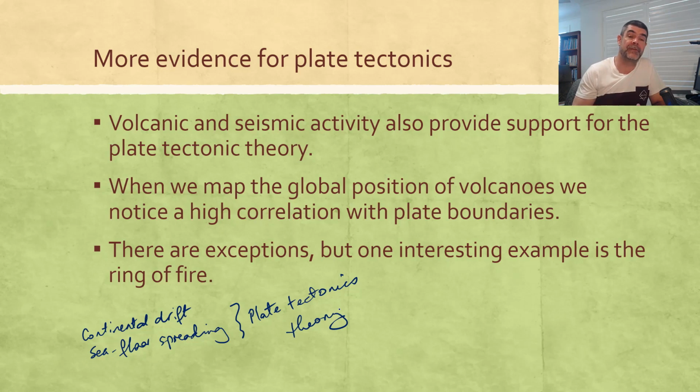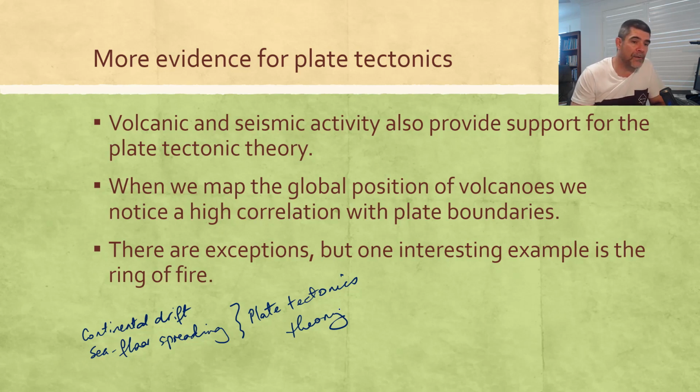When we map the global position of volcanoes, we notice a very high correlation with the plate boundaries. One of the things that I can't easily do on the computer here, but which we will do in the classroom, is actually overlay our maps of the distribution of volcanoes against our map of the boundaries between the different plates, and to see exactly how close that correlation is.